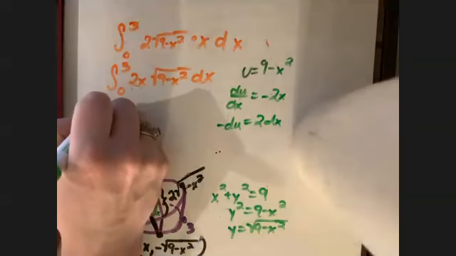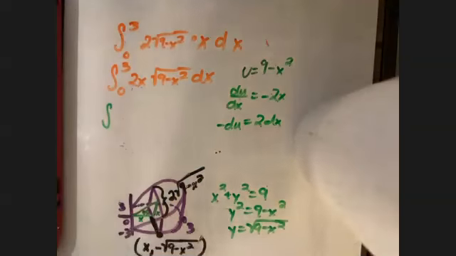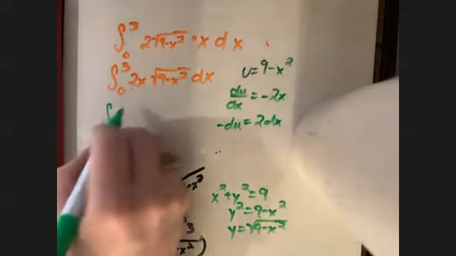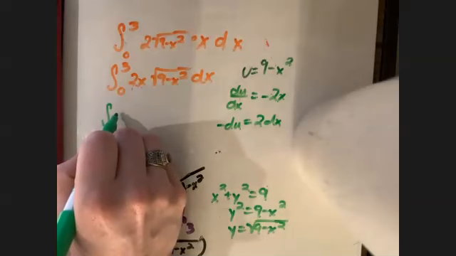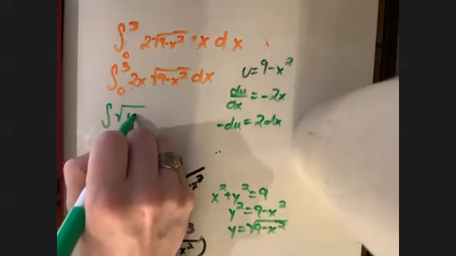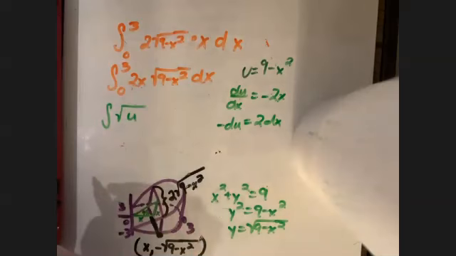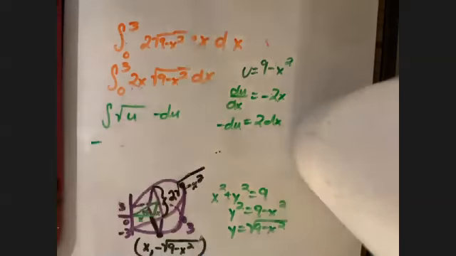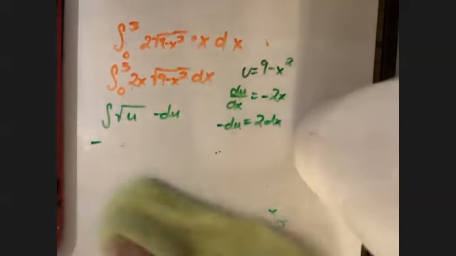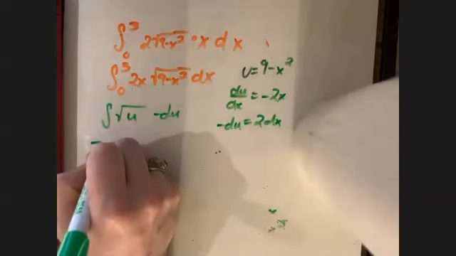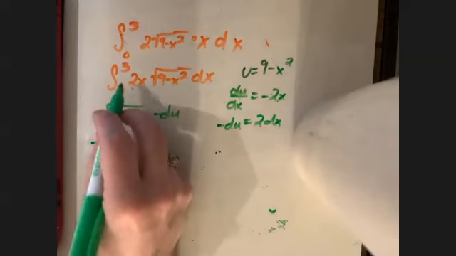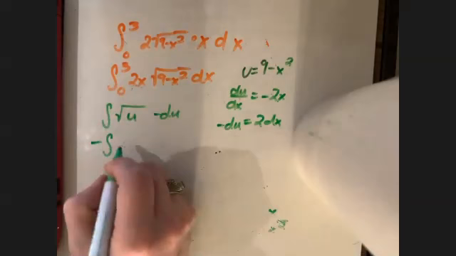So now I'm going to integrate. Let's see what's going to be square root of u, negative du. I'm going to pull the negative out into the front. Now, I have left off my bounds because I'm going to go back to the 0 to 3 here in just a minute, okay?